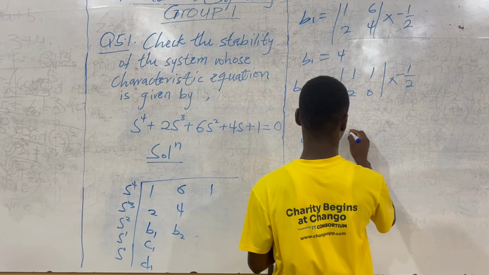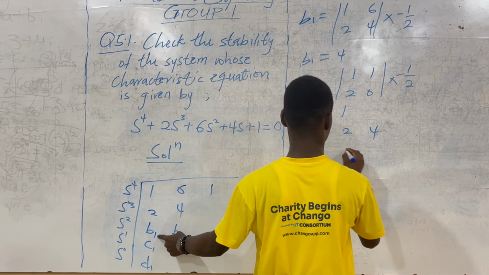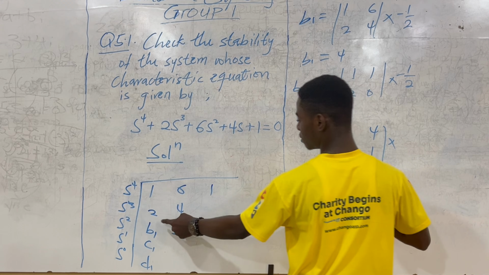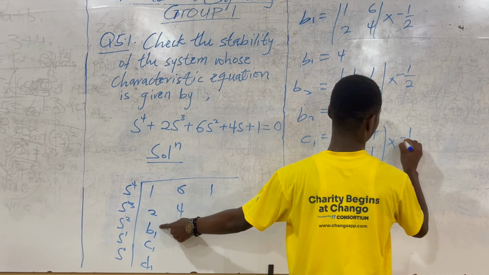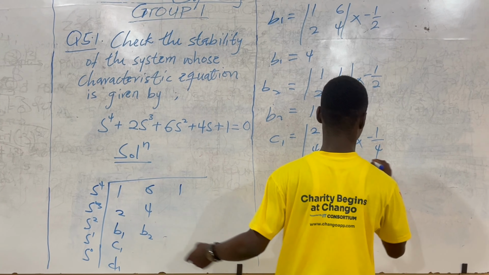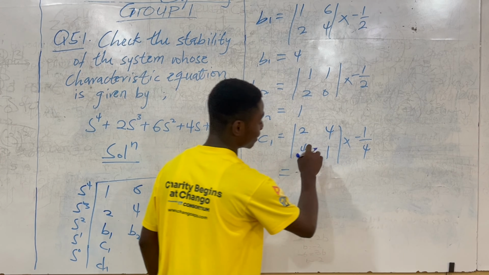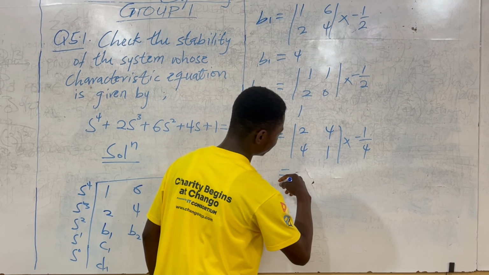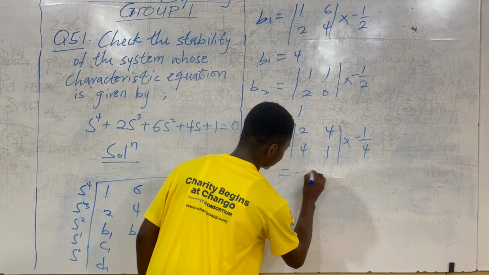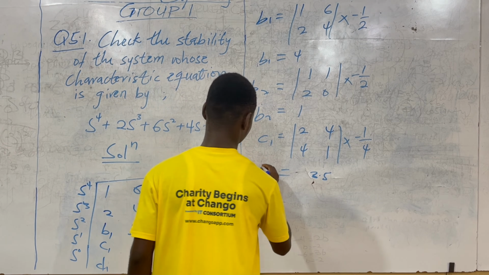So that will be 2, 4, 4, 1, multiplying negative 1 over 4, right? So that is going to be 2 minus 16, which will be negative 14, multiplying negative 1 over 4, and that will give us 3.5. So our c1 is 3.5.